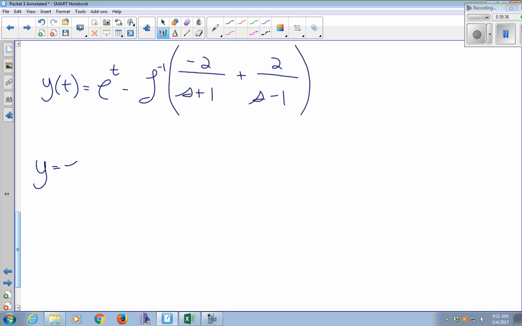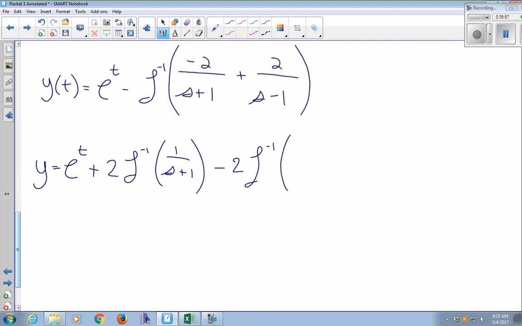So I have y equals e to the t minus a negative, so I made that a plus. I'm going to pull the 2 right out, times the inverse Laplace of 1 over s plus 1. And then I have minus 2 times the inverse Laplace of 1 over s minus 1.